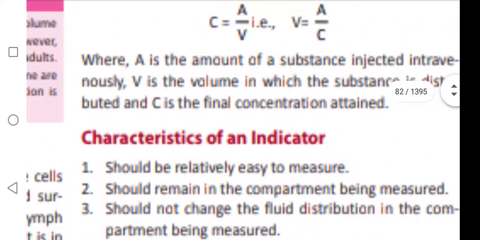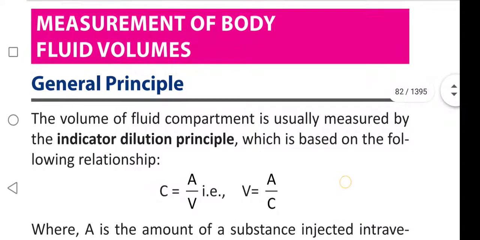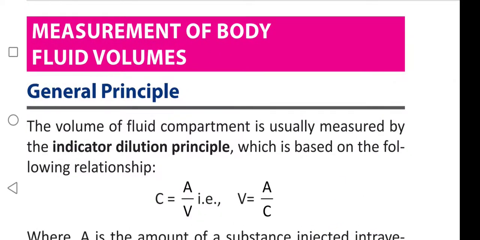Once again for you. Measurement of body fluid volumes. General principle: the volume of a fluid compartment is usually measured by the indicator dilution principle, which is based on the following relationship.